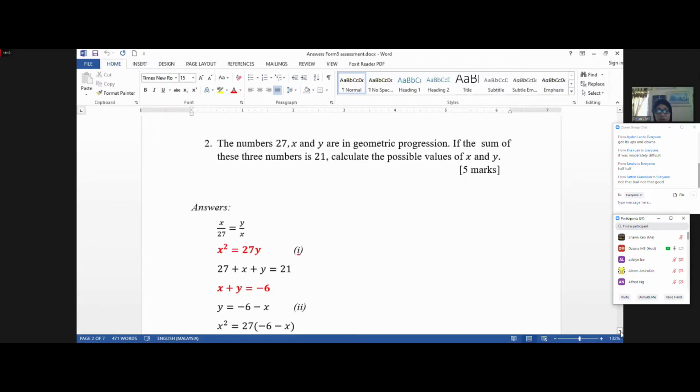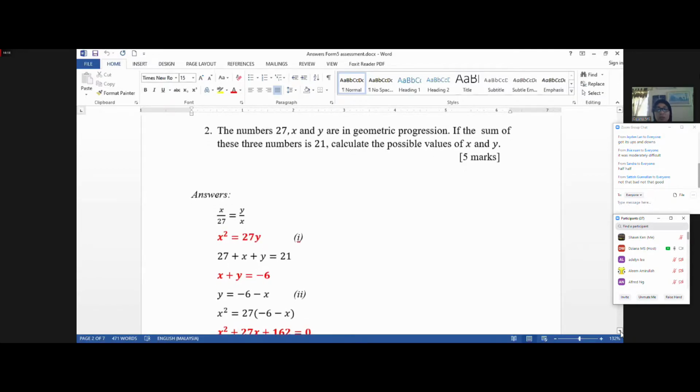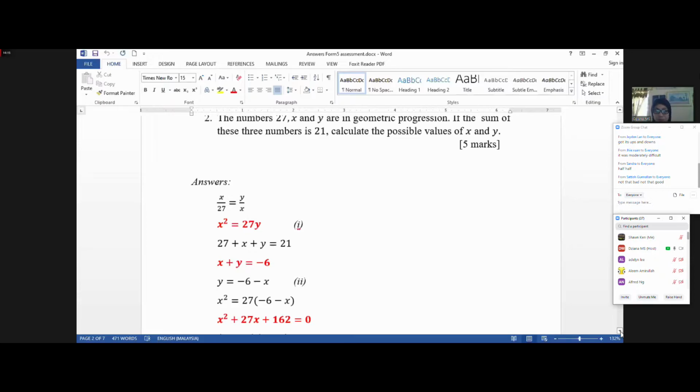Then I get a quadratic equation, x squared plus 27x plus 162 equals 0. If you get until this part, you can get another mark. So 3 marks already. I know some of you are using different methods, so I will give you marks at different points.